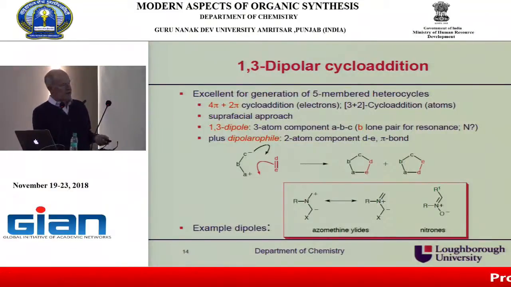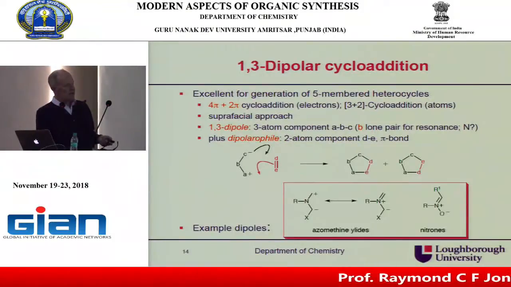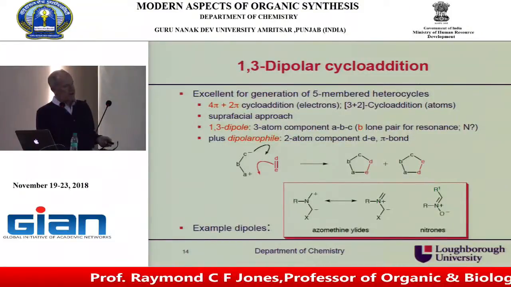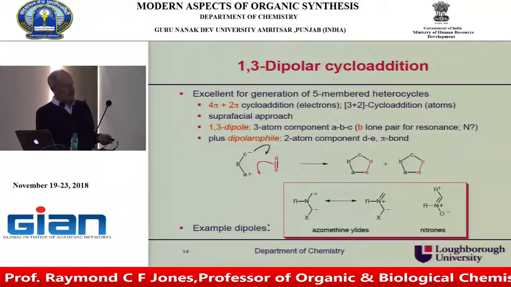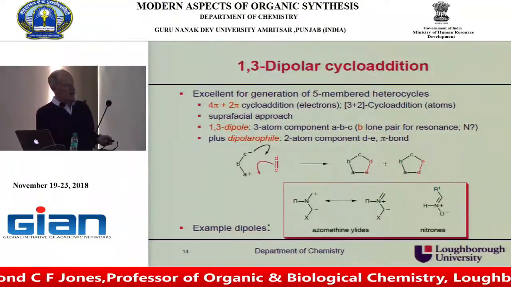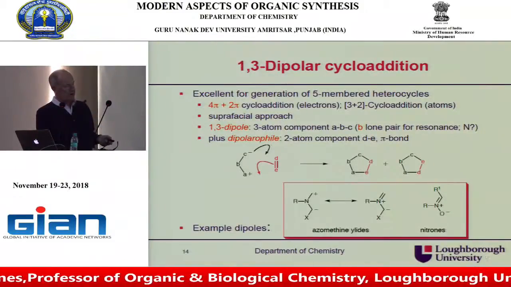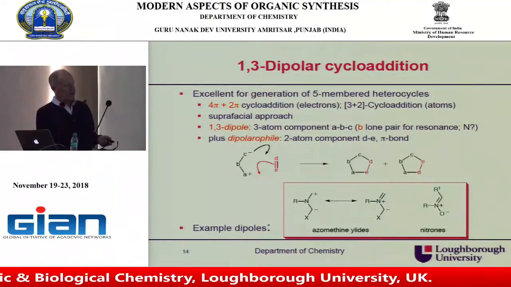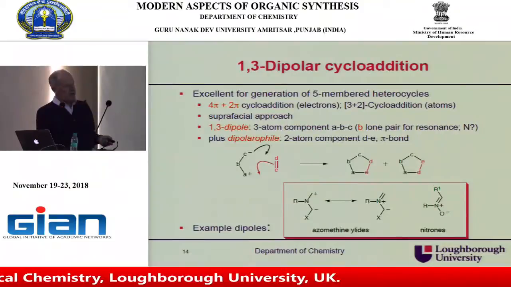It works better with a substituent here which can stabilize the formal negative charge, so usually an electron-withdrawing substituent, but these azomethine ylides behave as a 1,3 dipole, a 3-atom dipole with electron deficiency at one end, electron rich at the other.